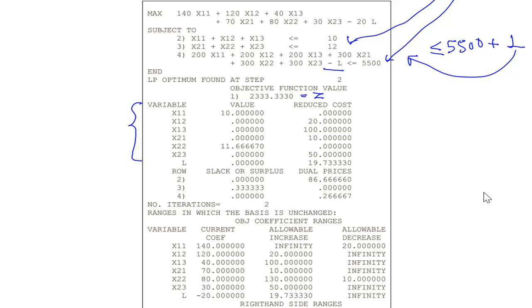So X11 equals to 10, X12 0, X13 0, X21 0, X22 11.67, X23 0, and also the last decision variable is L, 0. So we don't need additional labor hours to maximize the profit. Okay, so you can list down all of these for part A.